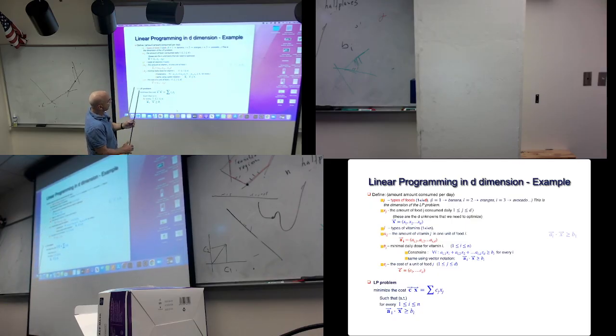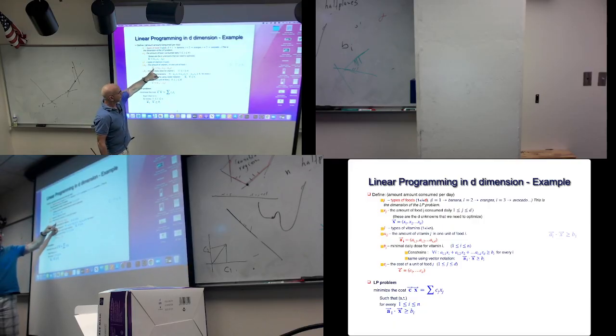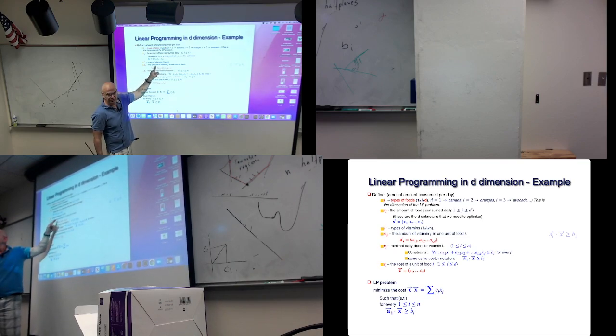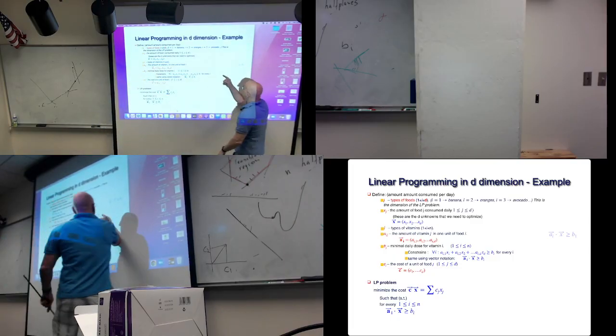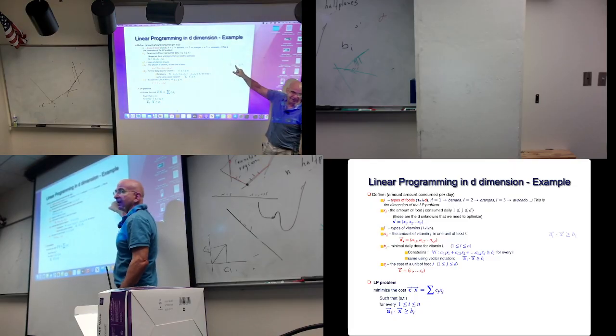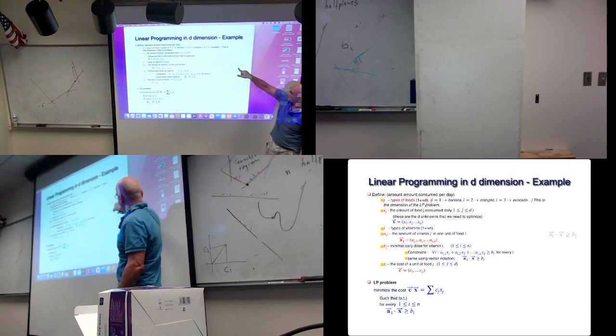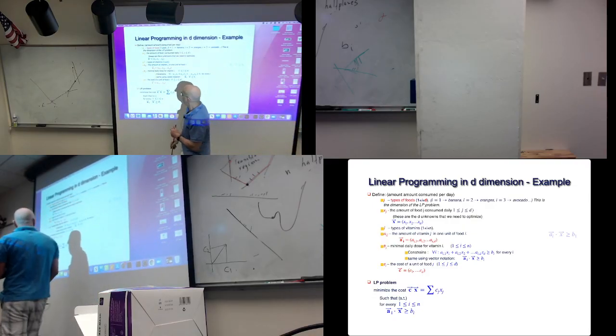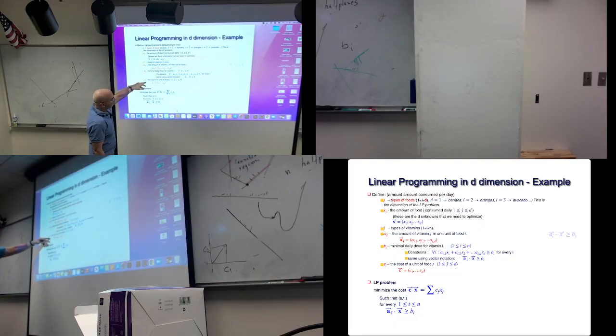My constraints are: somebody gave me a vector ai, where each component tells me how many units of vitamin I have in each type of food, from bananas all the way to food d. In vector notation, it would be ai vector times x, my variable vector that I need to find, should be larger or equal than bi. These will be my constraints, and bi was also given as a constant.